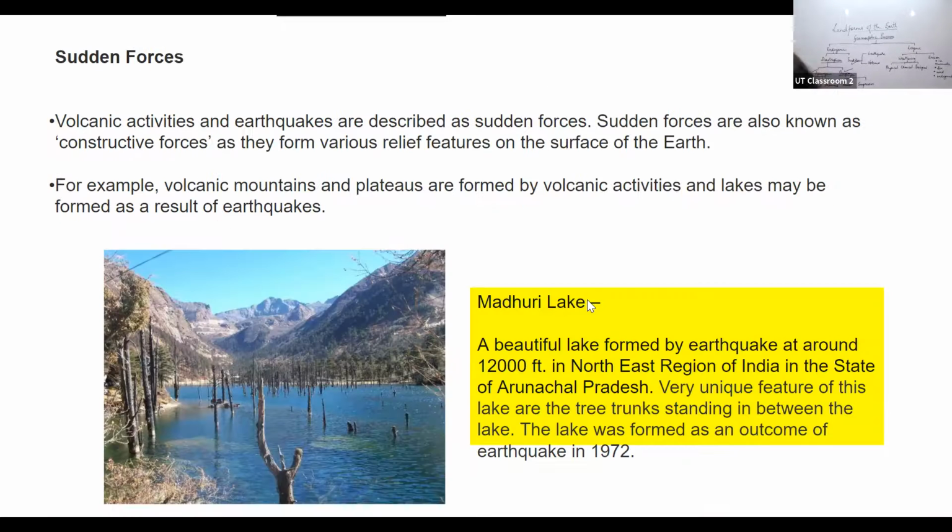Write down sudden forces. Volcanoes and earthquakes.